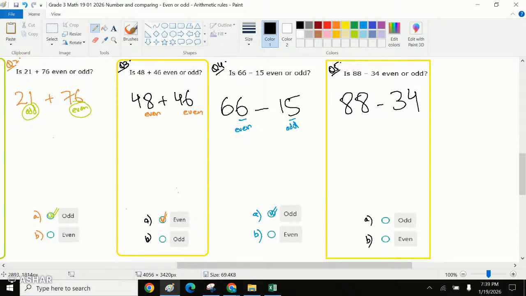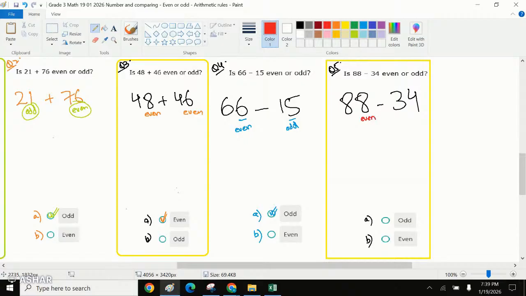What about question number 5? 88 ends on an 8, which is an even number, right?